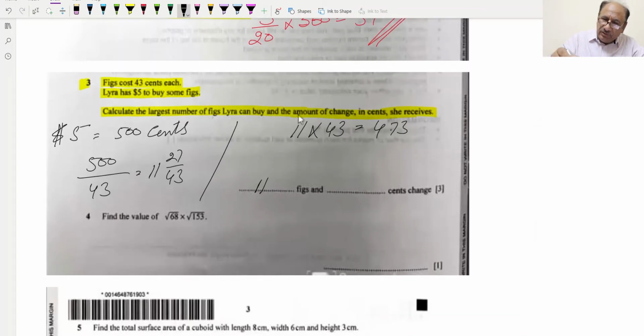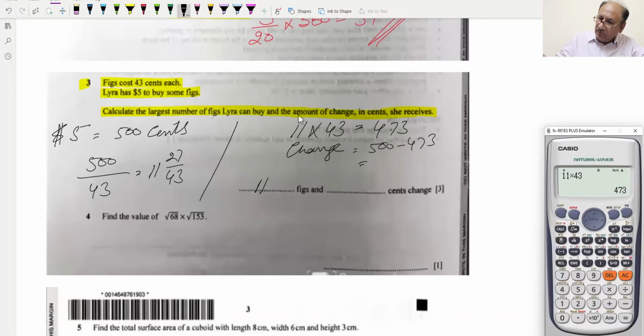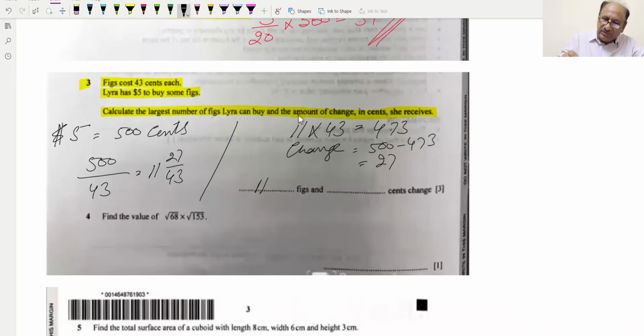To calculate the change, it will be 500 minus 473, which is equal to 27. So 27 cents will be the change received, and this is a 3 mark question which we are done with.